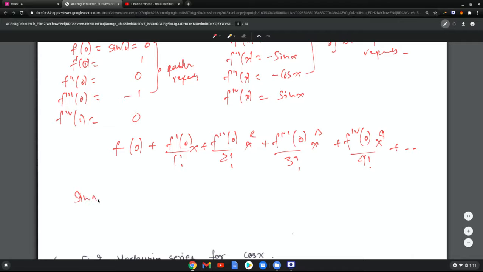So I have sine x equals, that's 0. So I start with 1x over 1 factorial, that's 0. Negative x cubed over 3 factorial. And because of the pattern, x to the 5 is going to be positive, and then x to the 7 is going to be negative, and then x to the 9 is going to be positive, and x to the 11 is going to be negative, and so on.